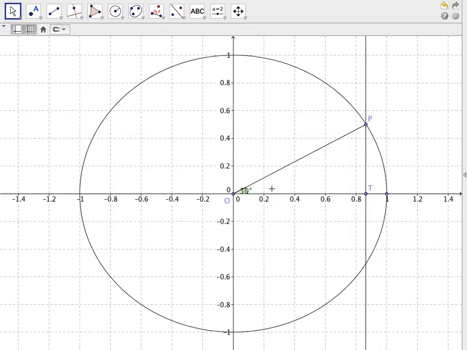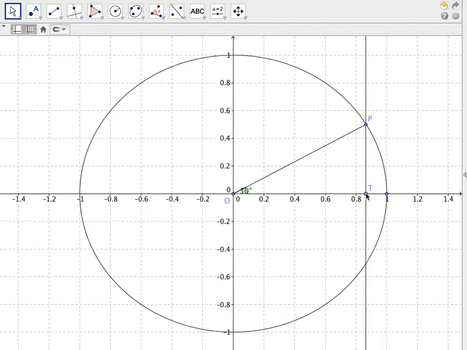Pause the video at this point. I want you to answer questions 3 through 7. You're going to be using trigonometry to find the exact length of the segment from O to T. Then you're going to find the exact length from P to T. Both of these using trigonometry.